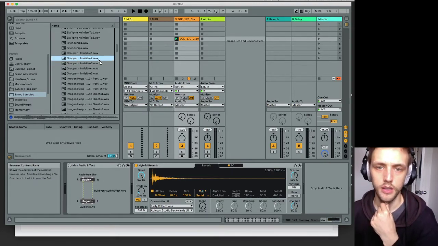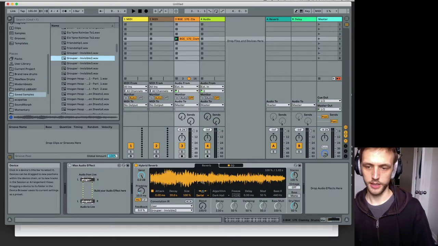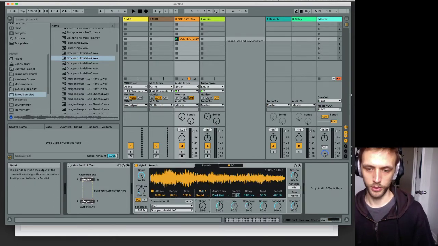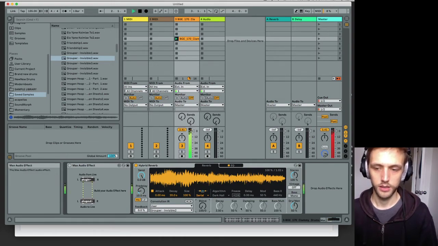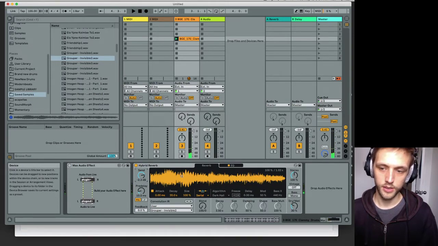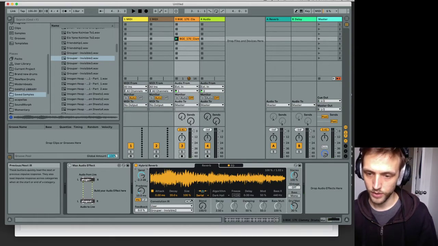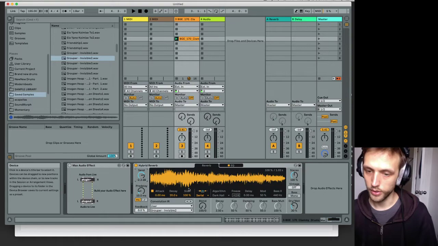Okay, so I think you heard that, right? If we take this sample and put it in here, then we also get this sort of in between. Again, I'm going all the way over here, so I'm on just the convolution reverb part. And the cool thing about this is we're getting the same phenomenon where we're getting some of both.